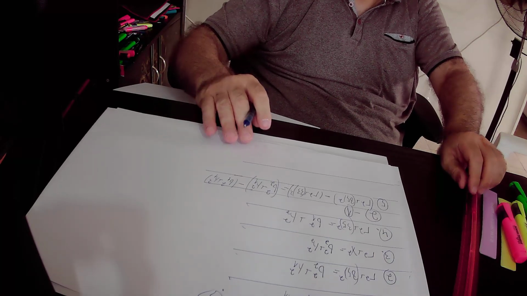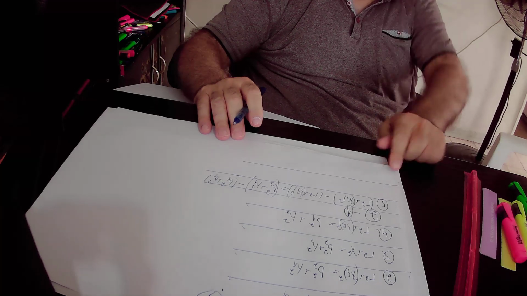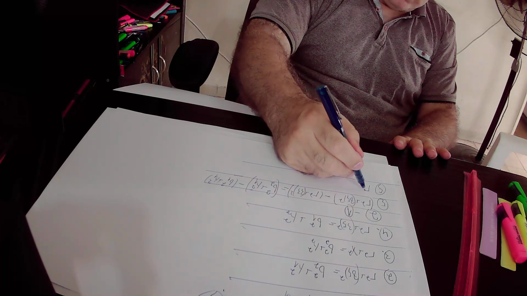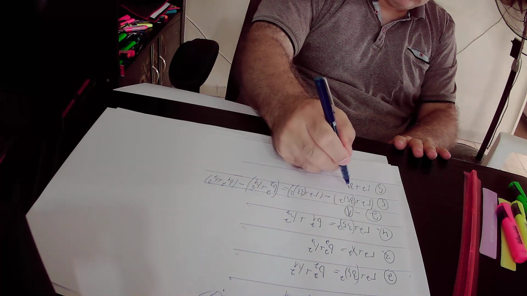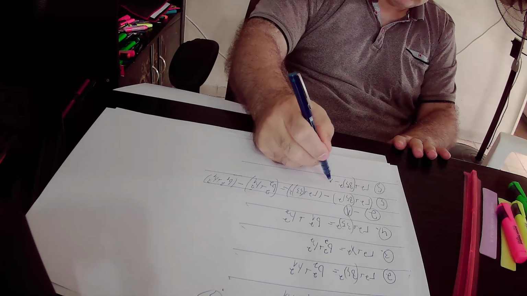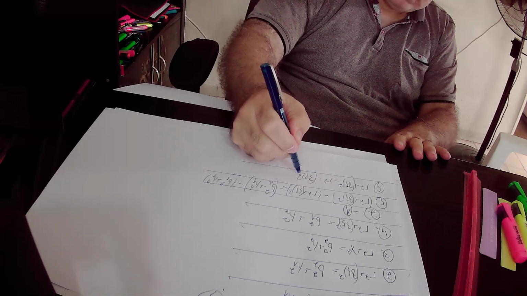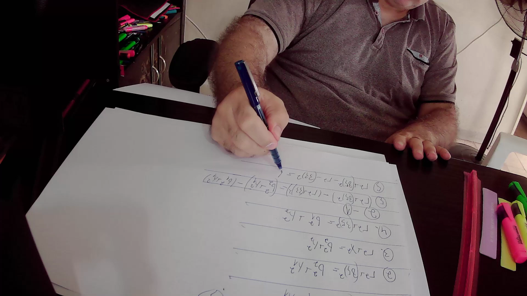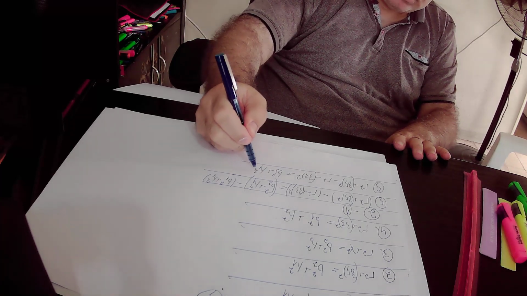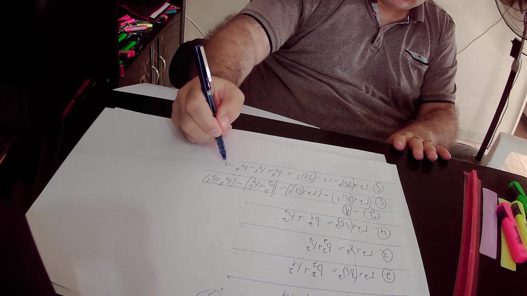In the next step, we'll open the brackets on this equation number 5, and we get R square plus 85 square minus R square minus 33 square, that is equal to B2 square plus H1 square minus B1 square minus H1 square.